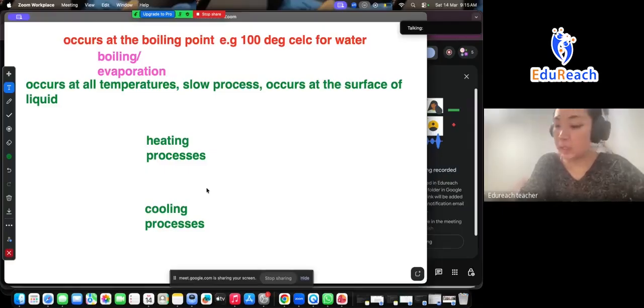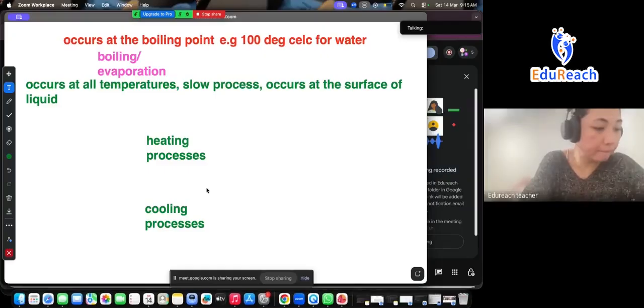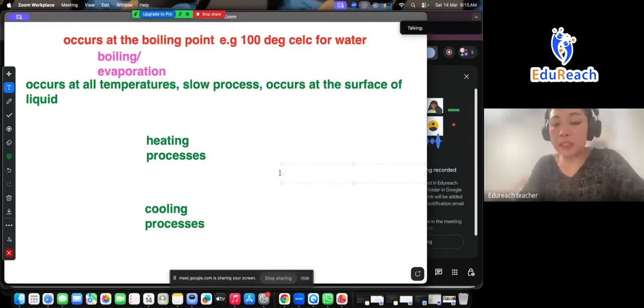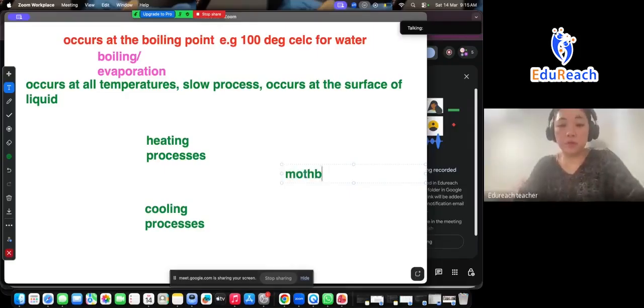What is a substance that can undergo sublimation? Something that we put inside our cupboards to prevent insects and moths from ruining our clothes. Mothball. Very good, mothballs.